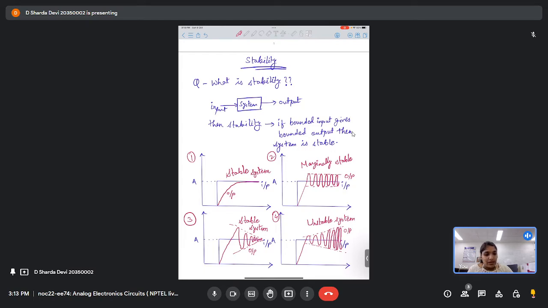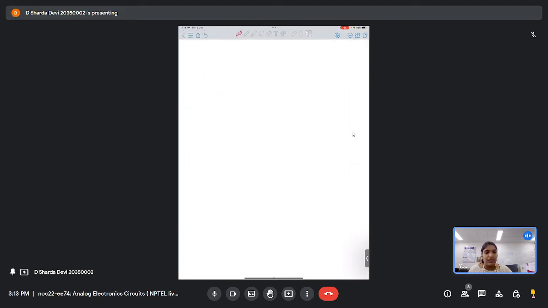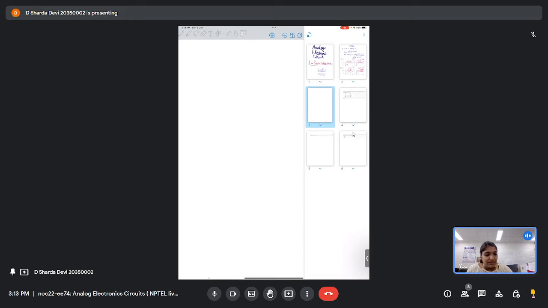Now, talking about the transfer functions that we generally observe in nature, majorly we see a two-pole system around us, or even when we go for multi-stage amplifiers, we see at least two poles, right? So the basic system that we can observe is a two-pole system.